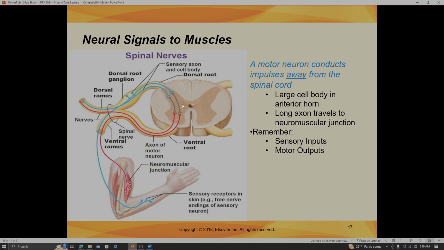Either way, once we have a marching order about what needs to come next from a motor perspective, the efferent pathway is going to distribute that new command through the ventral root, or the front, of the axon of the motor neuron. Here we go. This is down through the front, out through the spinal nerve, and at the neuromuscular junction, which is essentially the junction between the end of the nerve and the muscle itself, it's going to stimulate that muscle to elicit a contraction.